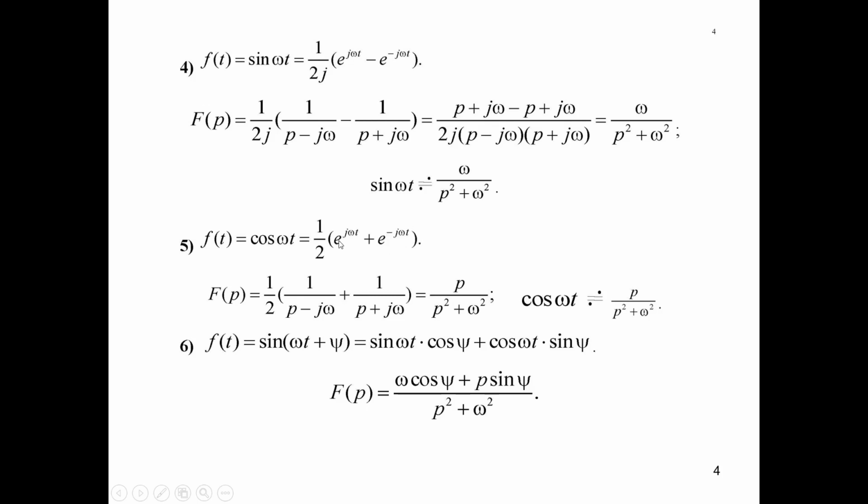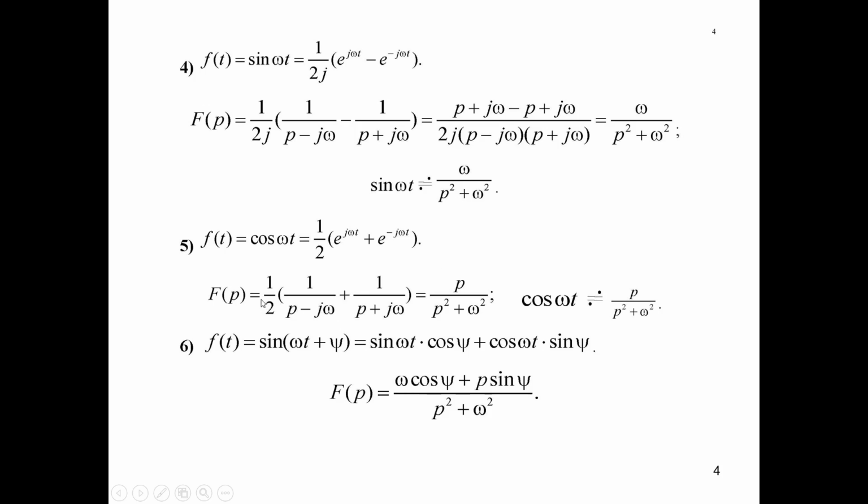Sine omega t and minus sine omega t are eliminated, and we have 2 cosine omega t over 2, equal just to cosine omega t. Such an expression should be known to you from mathematics. I'm just explaining how it may be obtained very easily.